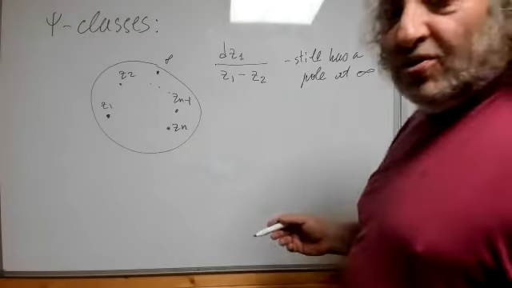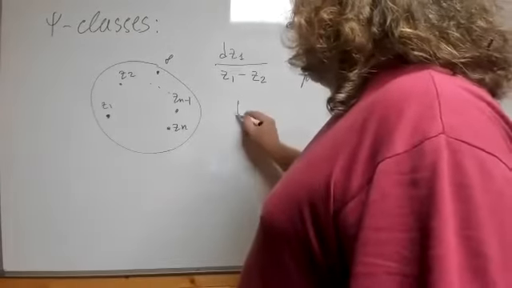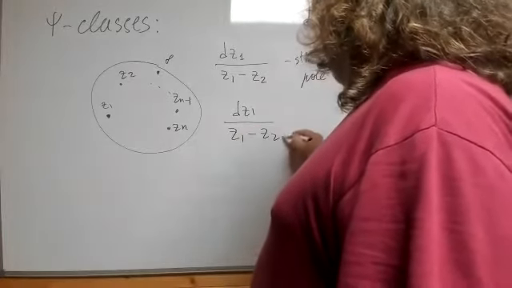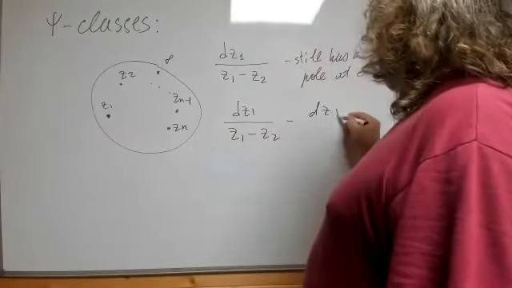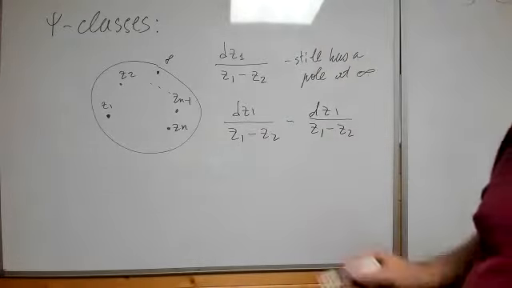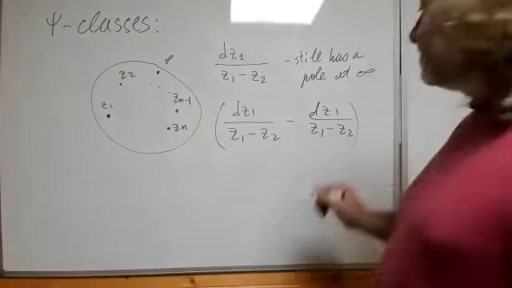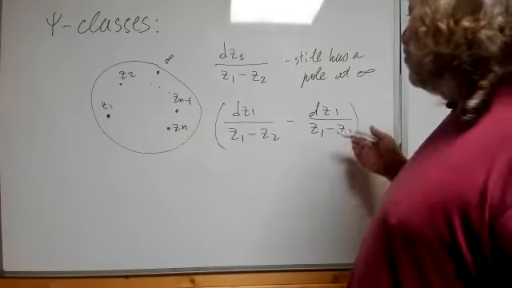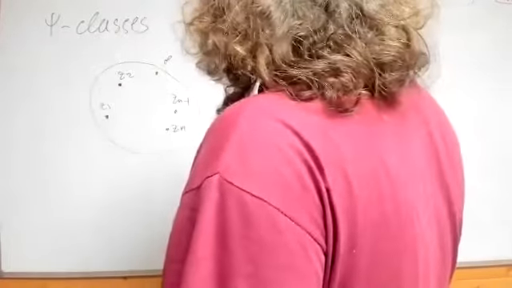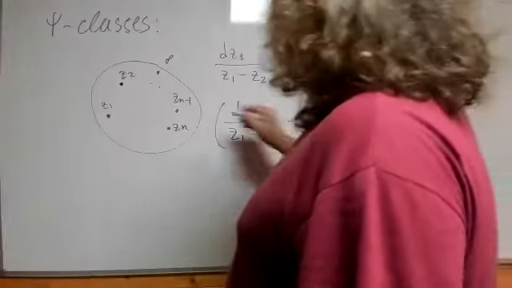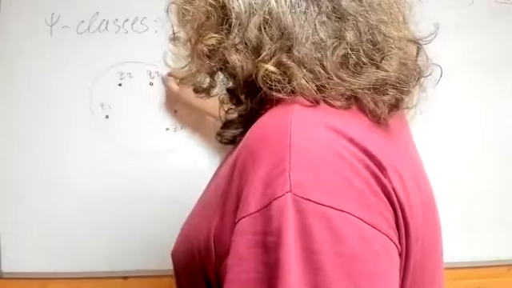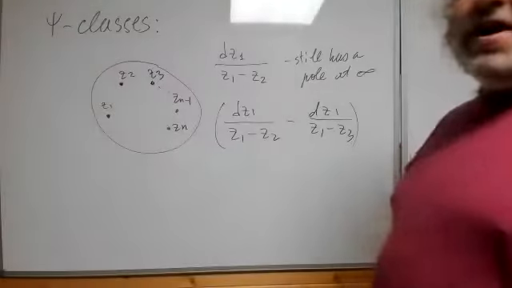So how can we do something better? So let us pick up 2 points, Z2 and, sorry, Z3. And let them be marked points.